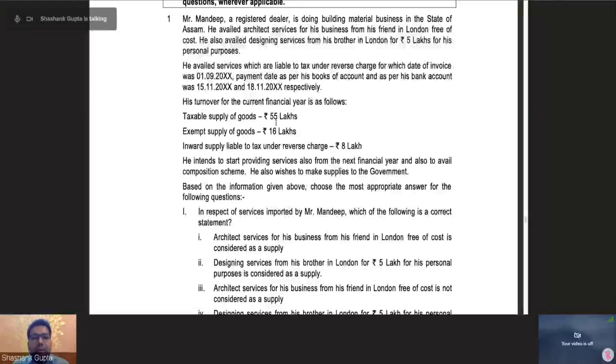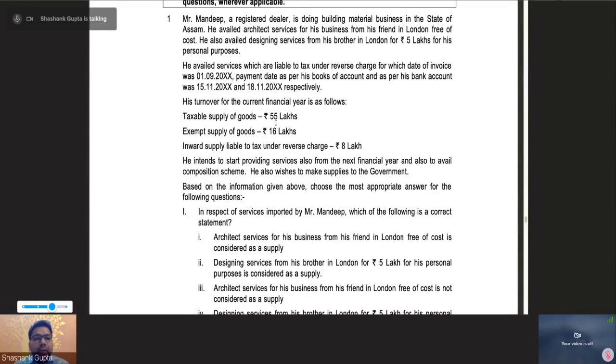Mr. Mandeep, a registered dealer, is doing building material business in the state of Assam. He availed architect services for his business from his friend in London free of cost. He also availed designing services from his brother in London for rupees 5 lakhs for his personal purposes.